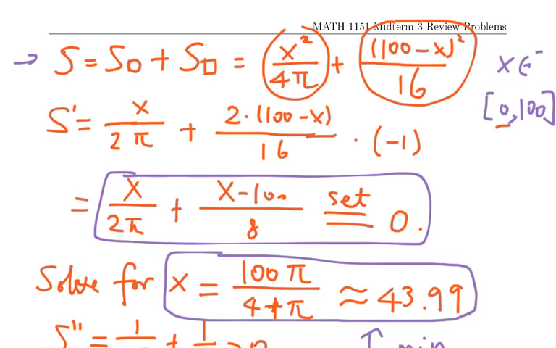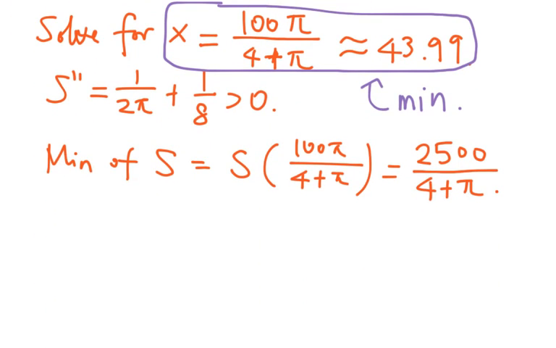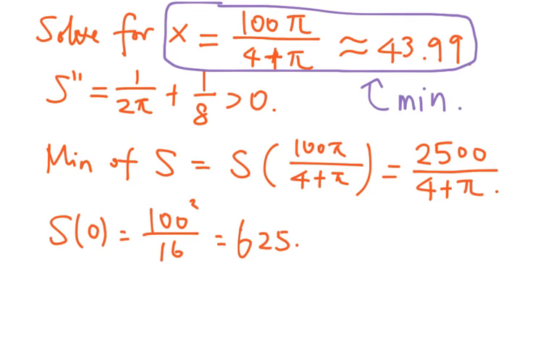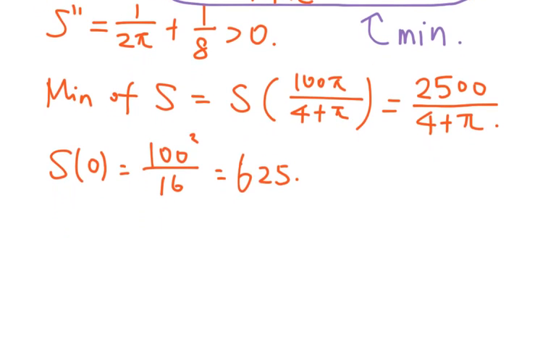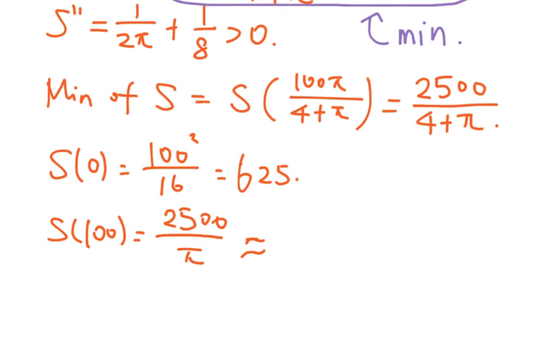If we plug in x equal to 0, we will have 100 squared over 16, which is 625. And next we check the right endpoint, that is when x equal to 100, and we will have 2500 over pi.